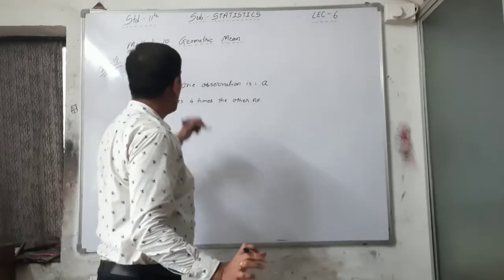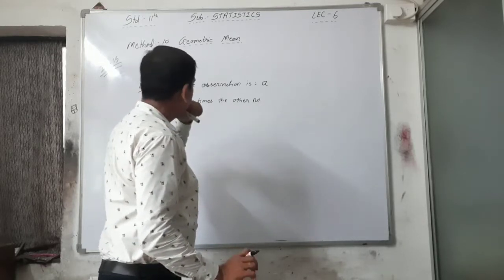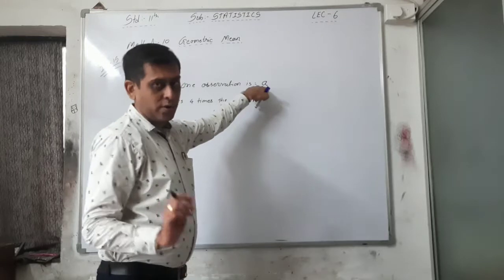We can find it out by only one. One observation is 4 times the other one. See here, this is the second one.